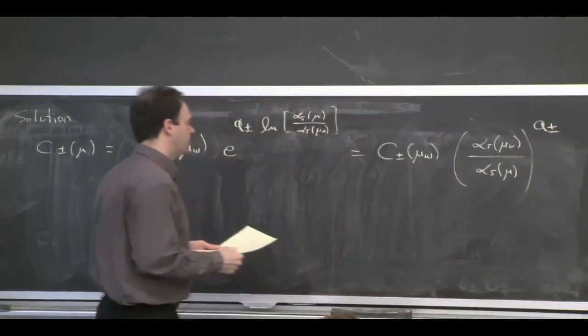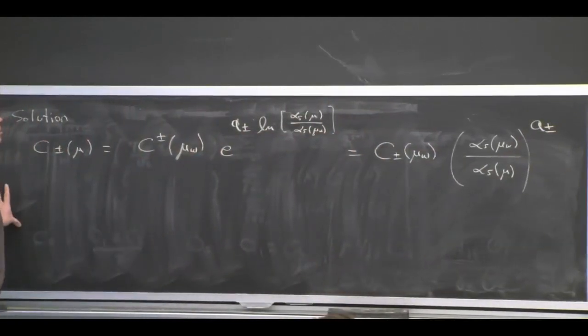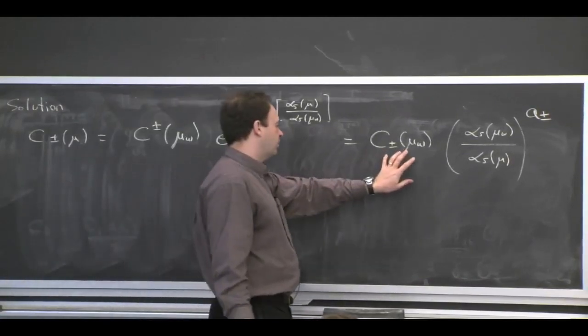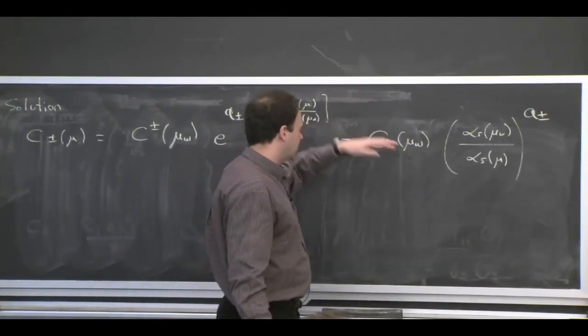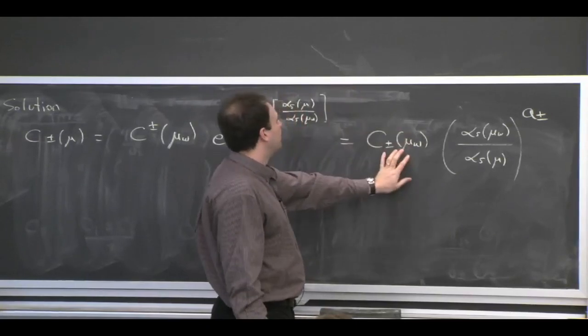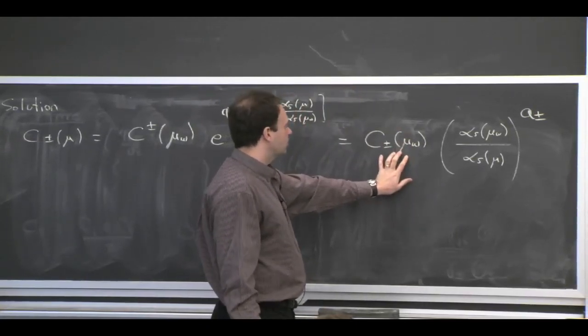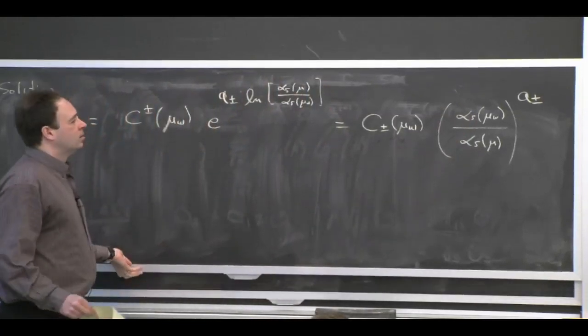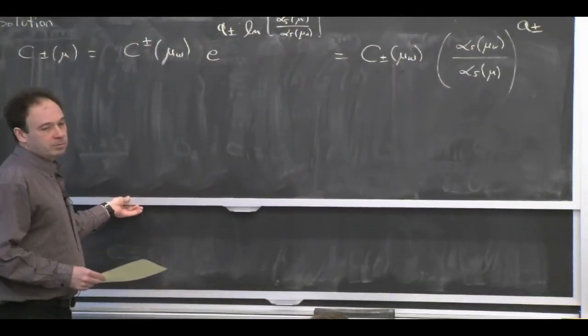Remember that a plus minus are just numbers. We can write the solution in this way, where we determine this guy by thinking about doing a matching calculation at the high scale. We determine it to be a half already at the lowest order, so think about sticking in a half here. And then this factor here is what you get from the renormalization group.